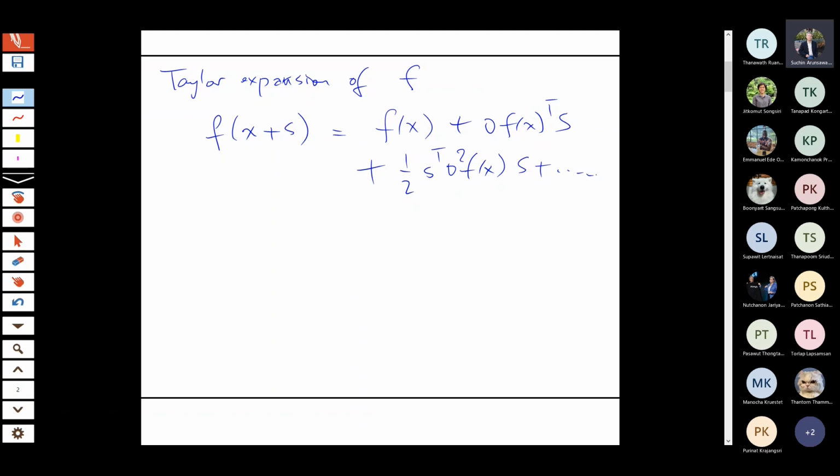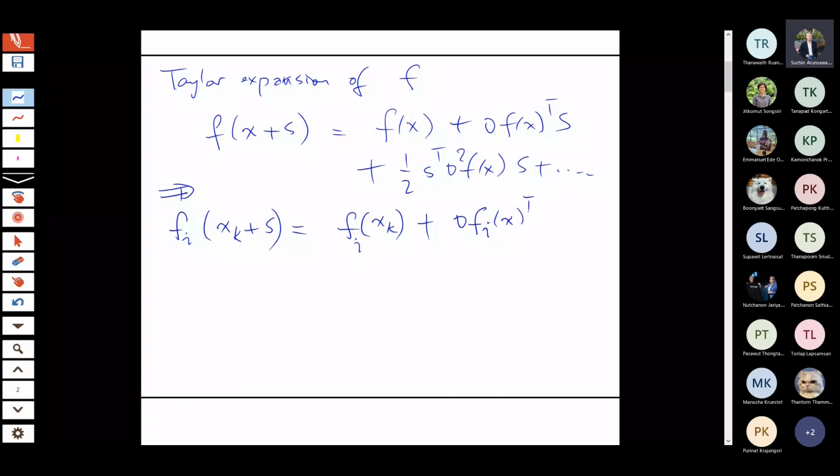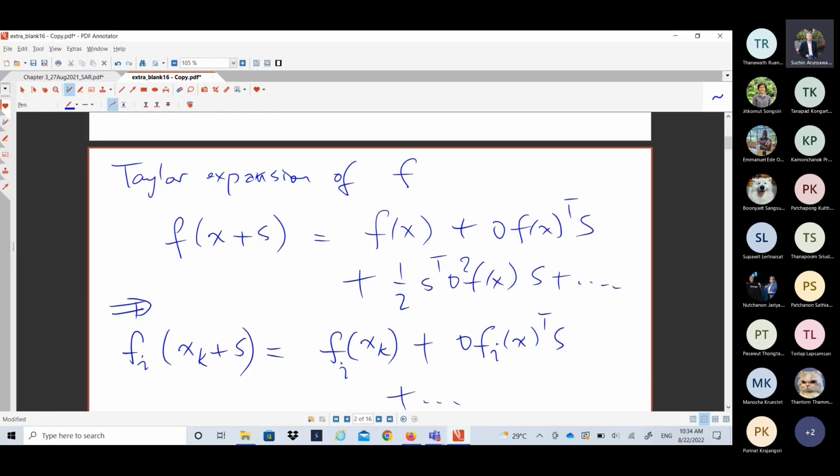This is the Taylor expansion, right? Therefore Fi of xk plus s is Fi of xk plus the gradient of Fi at xk transpose s plus higher order terms. Okay, so let me come back to the slide.